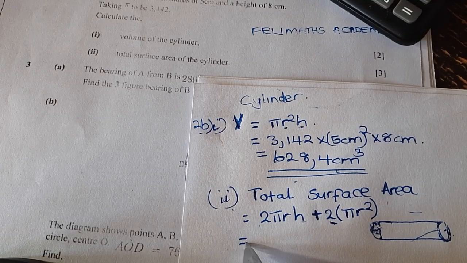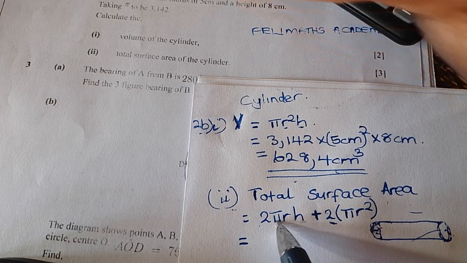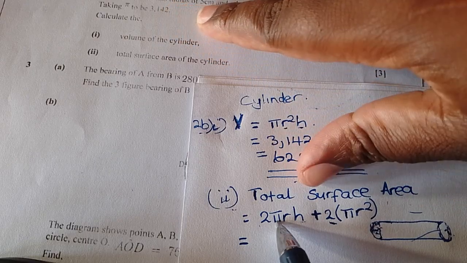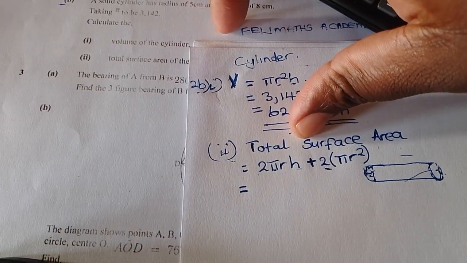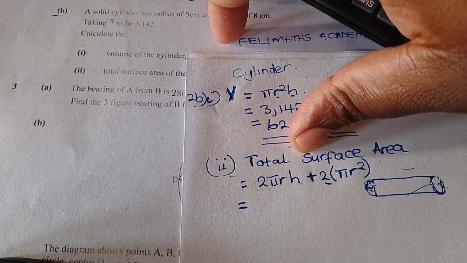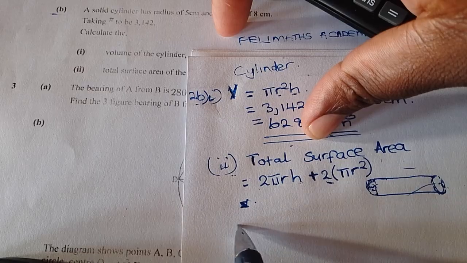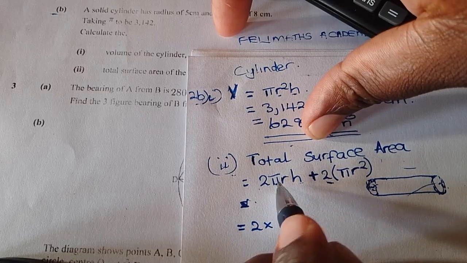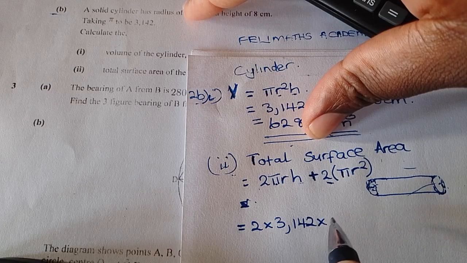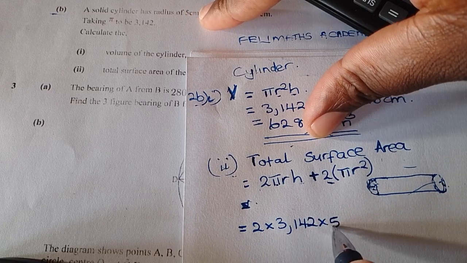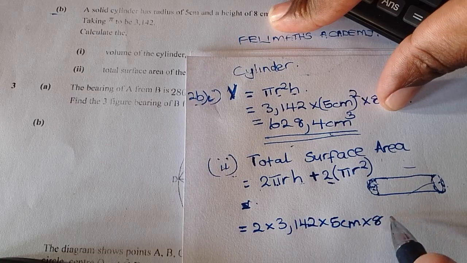Right, so we move on to substitute. What is pi? It is 3,142. So we substitute our pi there. Right, so we have 2 times our pi, which is 3,142, times our radius 5 centimeters, times our height, which is 8 centimeters.